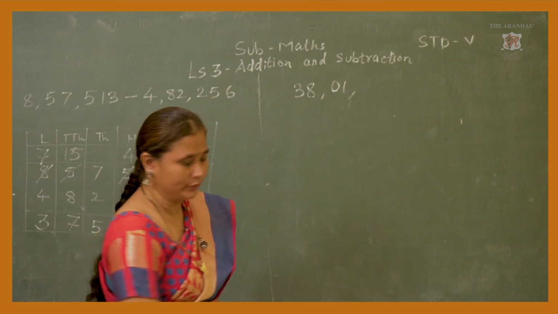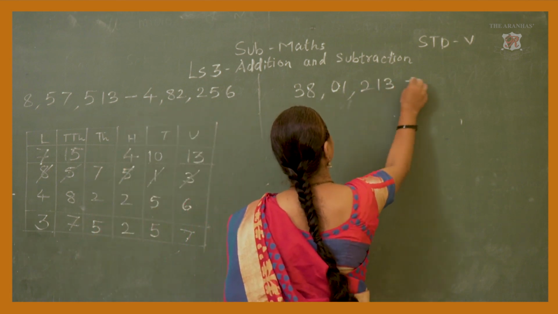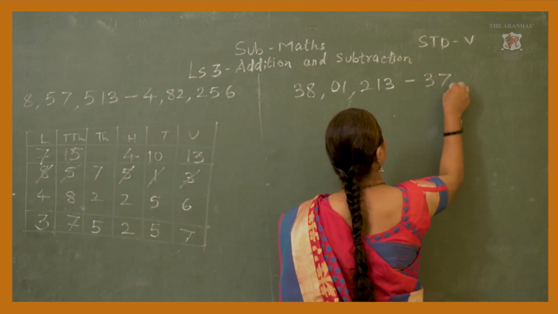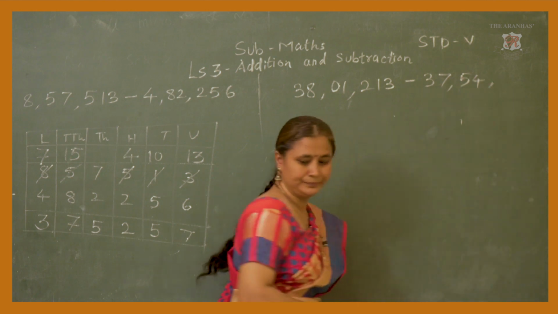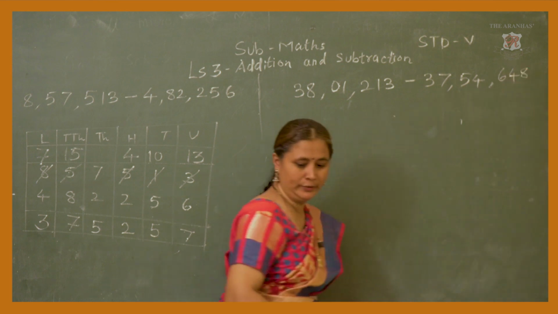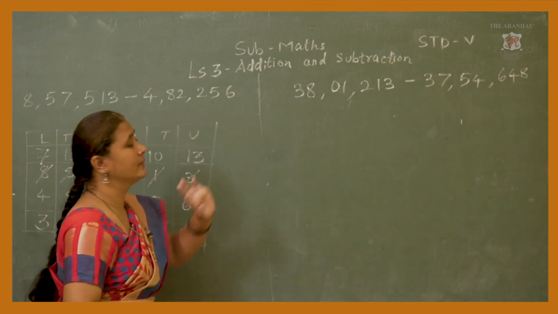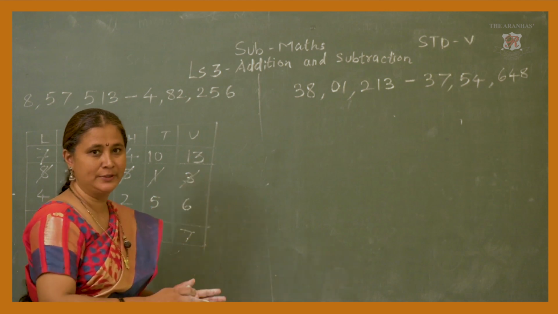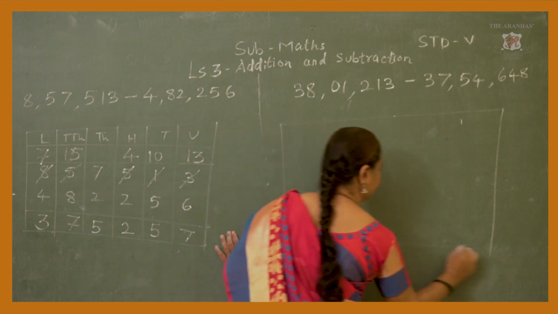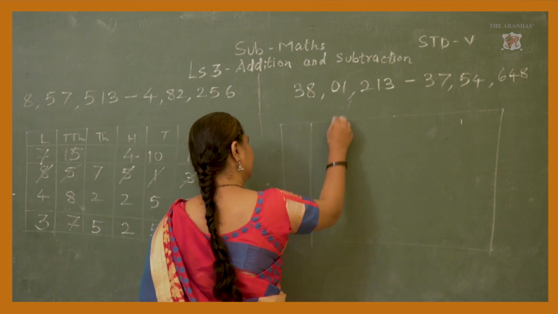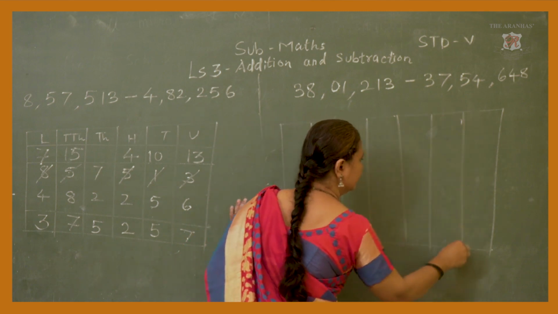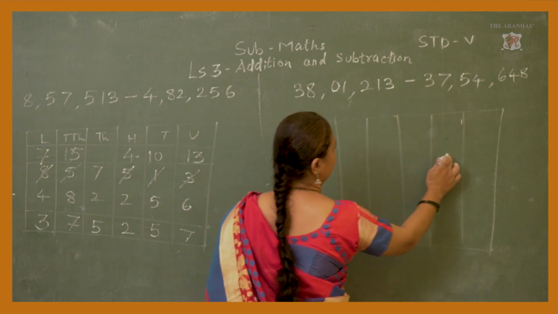6 sum I am taking. Okay. Now, 7-digit number, draw the 7 columns. 1, 2, 3, 4, 5, 6, 7.